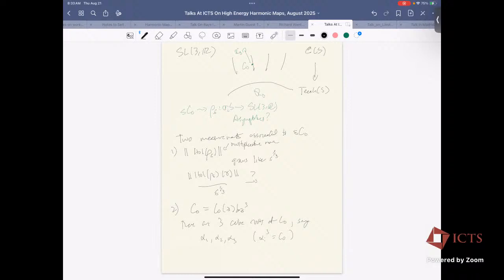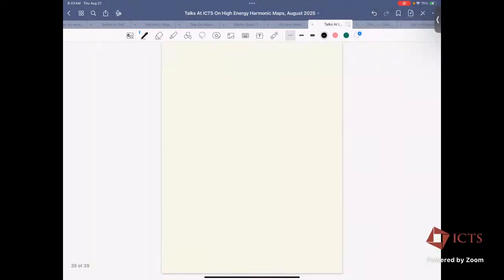Now, let me do a little more geometry. C0 is holomorphic as a tensor. So, C0 is C0 dz cubed. So if I look at the absolute value of C0, that's some funny tensor, but I could take the cube root of it, and that will define some line element, say ds C0. And what do I know about that line element?